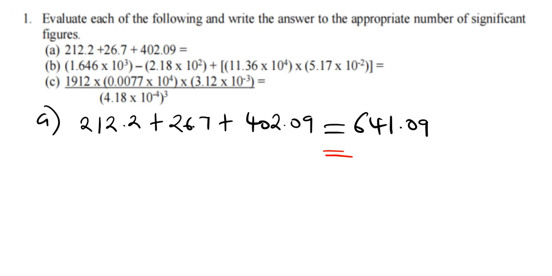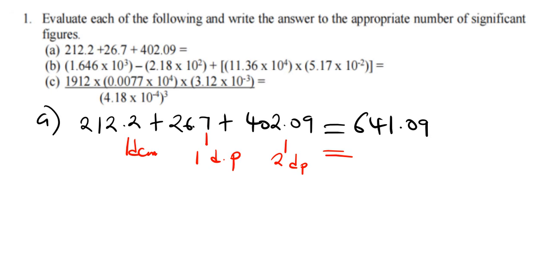This one has one decimal place, this one has one decimal place as well, and the other one has two decimal places. According to the rule of addition, the result must be reported to the least precise decimal place. Among these numbers, the least is one decimal place.